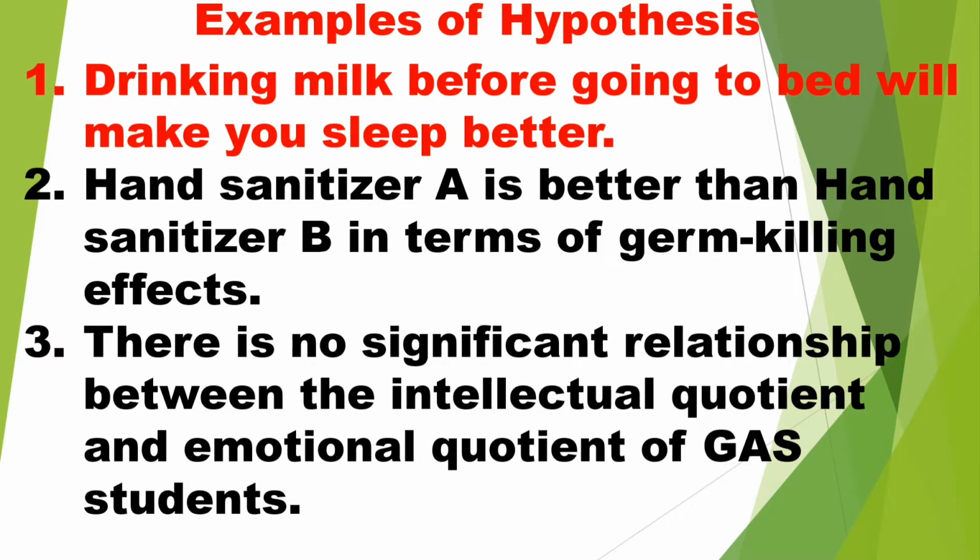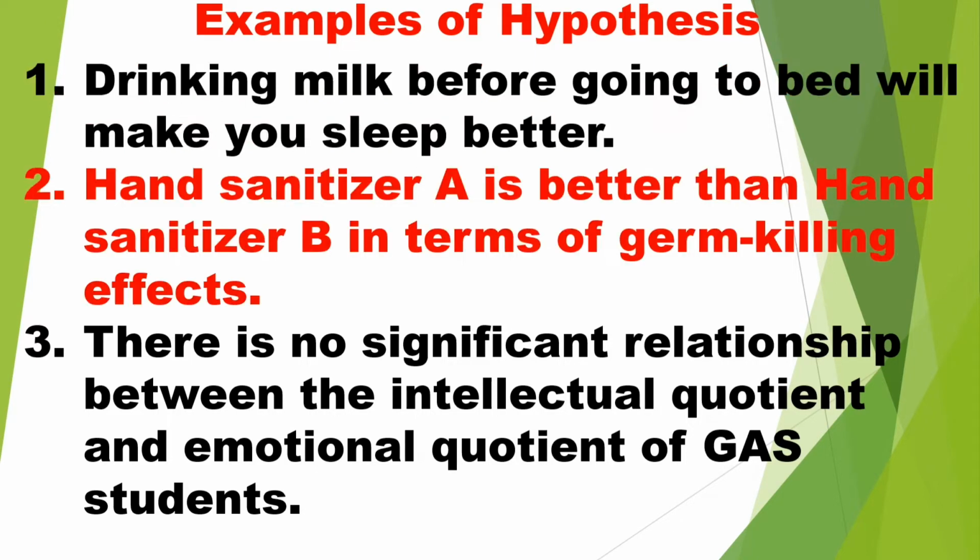Number 1, drinking milk before going to bed will make you sleep better. This statement is a hypothesis because it needs to be proven by a series of investigations to show that drinking milk will make us sleep better. And it is the same for the two other examples.